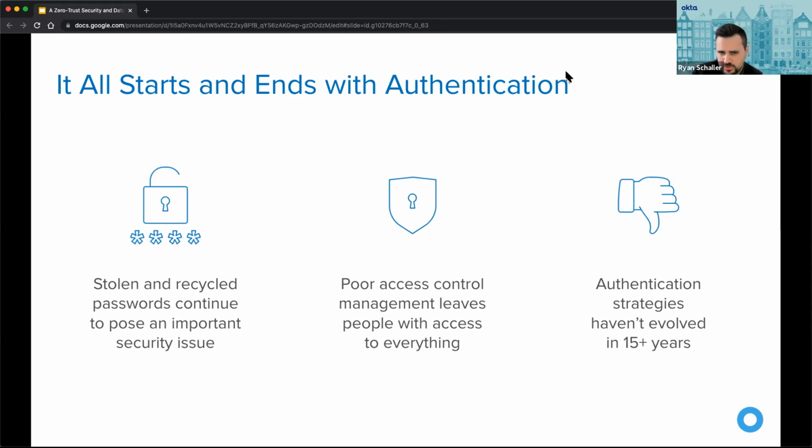But it is a result of recycling passwords, poor management control around the identity, and then often authentication strategies that just haven't evolved. If you've created a system, and I've done this several times in my security and development career, where we've stood up systems for people to access, and they just get kind of a low watering pool, so they don't get the love and care like they should.